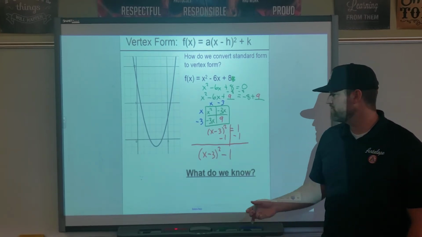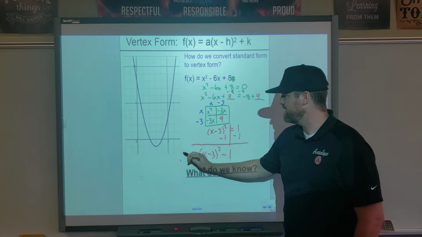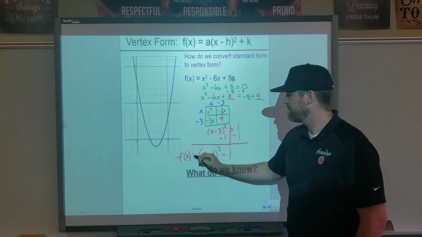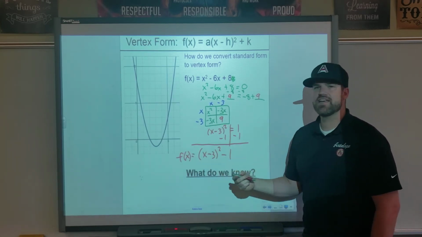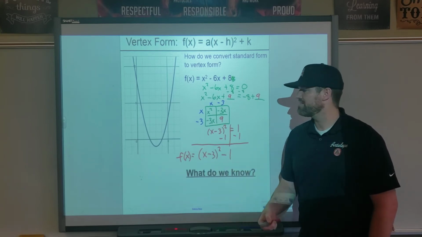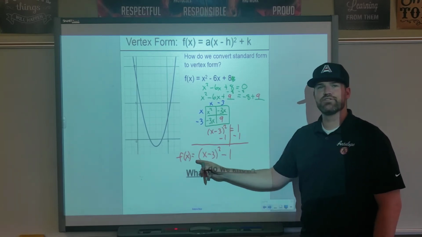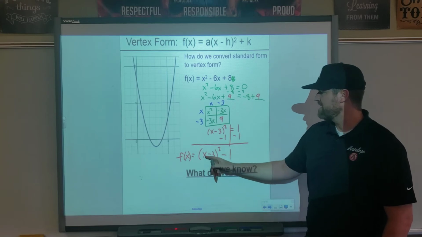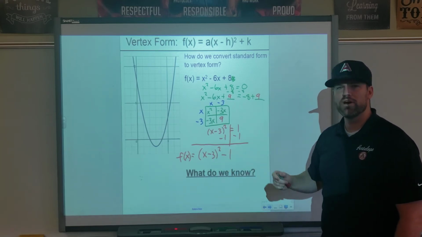And then to make it a function, instead of equal to 0, I can just write f of x. And so we have now taken that same graph that we've done on 3 slides now, and we've put it into vertex form. So (x minus 3) squared minus 1.